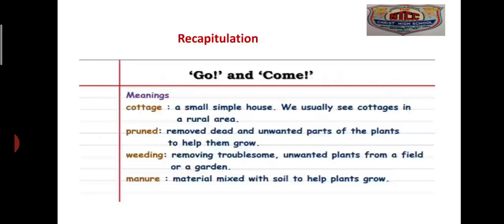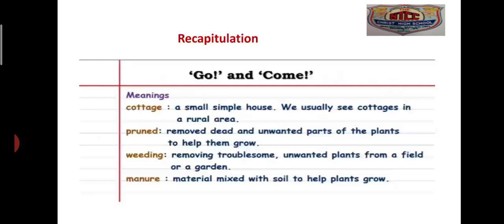As always, children, now we will do a recapitulation. Recapitulation means a recap. Go and Come, the meanings. Cottage: a small simple house. We usually see cottages in a rural area. Pruned: removed dead and unwanted parts of the plants to help them grow.